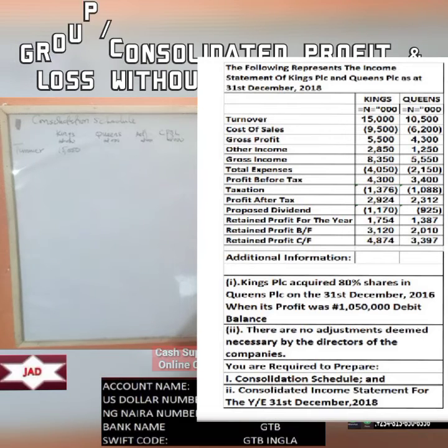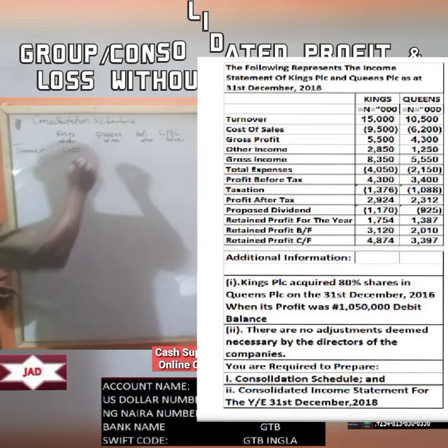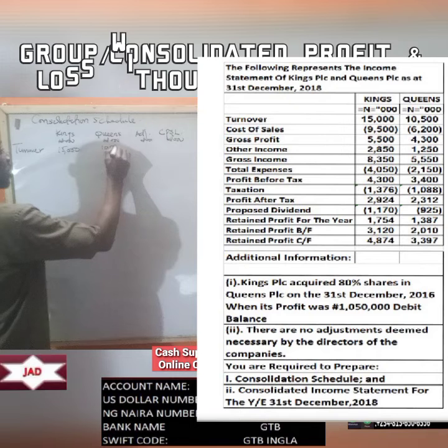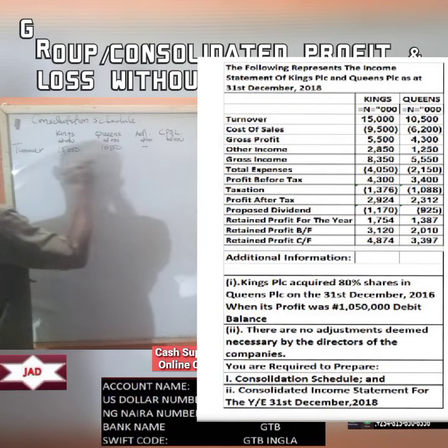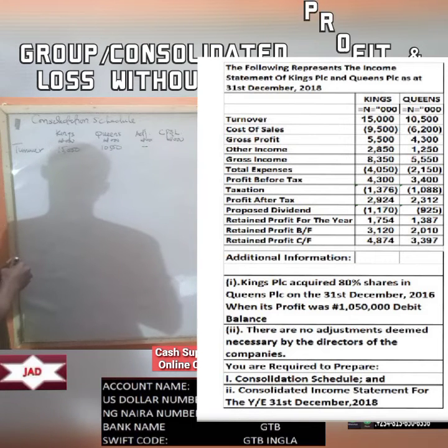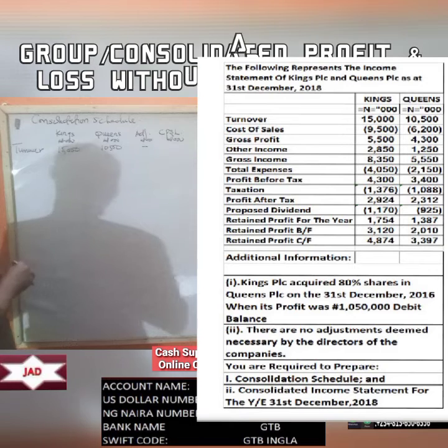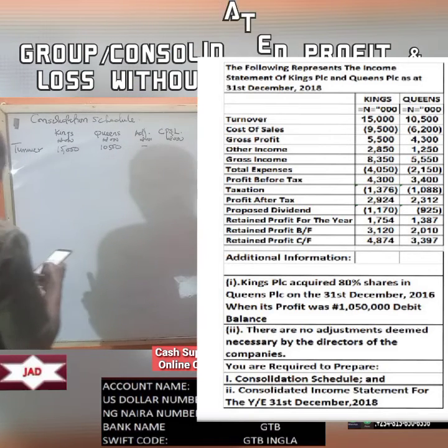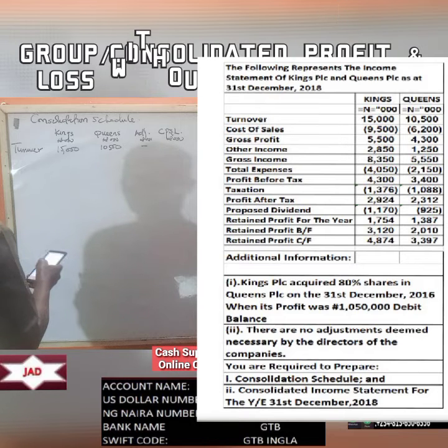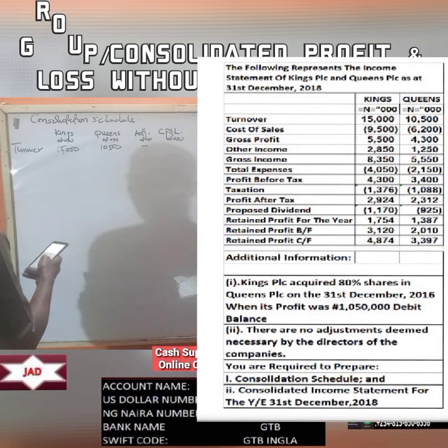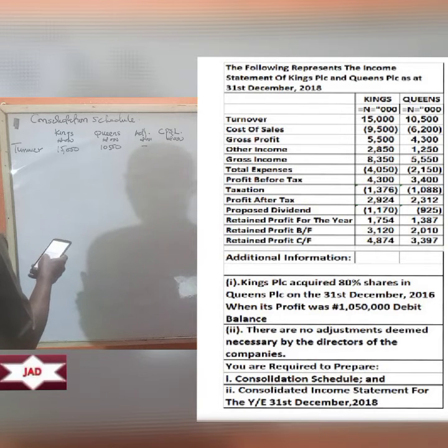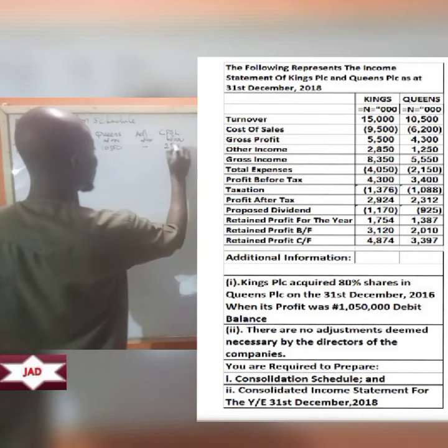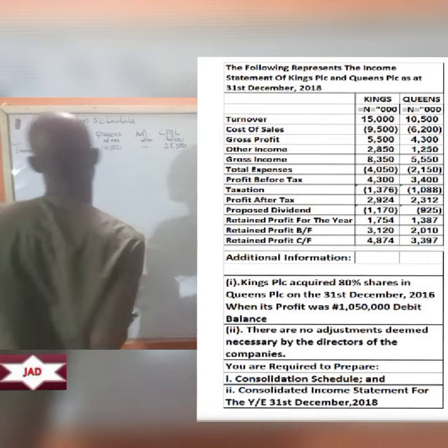Queens, 10,500. There are no adjustments. So this plus this will give you what? This is 25,500. Can we check in here? 15,000 plus 10,500, 25,500. So let's go.